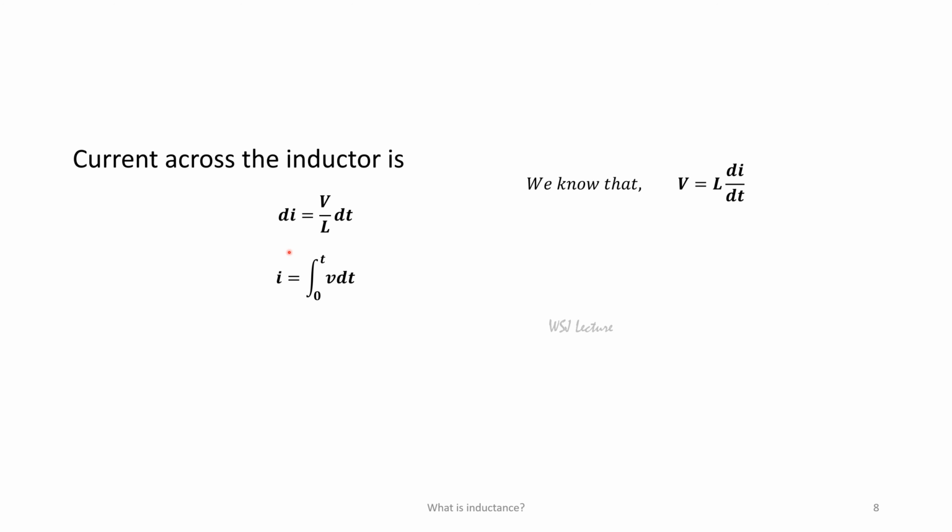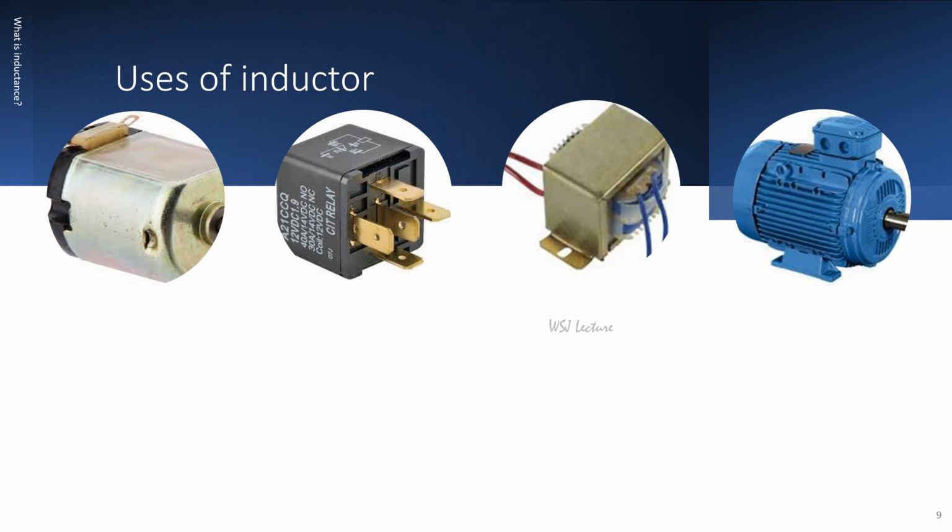Now integrating this equation, we get I is equal to the integral from 0 to t of V times dt. At t is equal to t0, the equation is I of t is equal to the integral from t0 to t of v of t times dt plus I of t0. This is the current equation for the inductor.